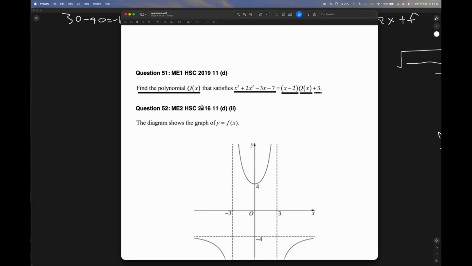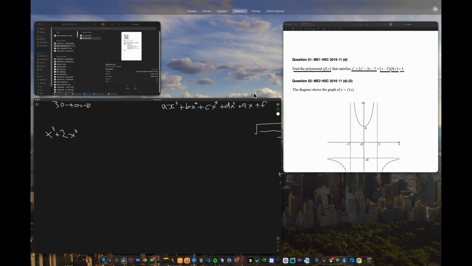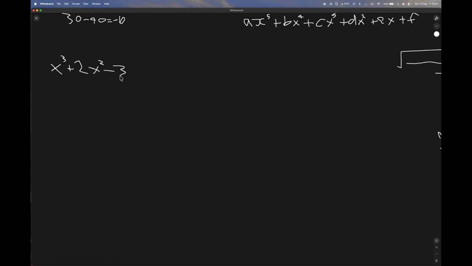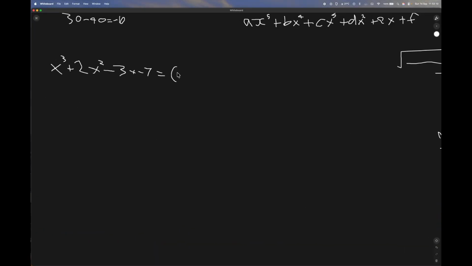Let's write out our question. x to the 3 plus 2x squared minus 3x minus 7 is equal to x minus 2 times q of x.